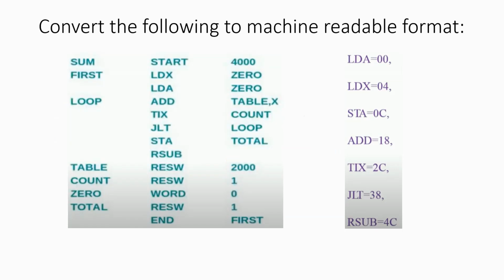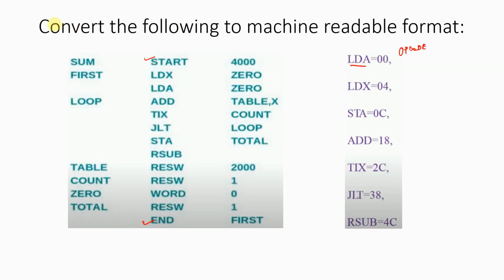This is an example where we have the assembly level language code which should be converted into an object code. This is the opcode table, which contains the corresponding machine code for each operation code. Here we see the assembly directives: start and end.